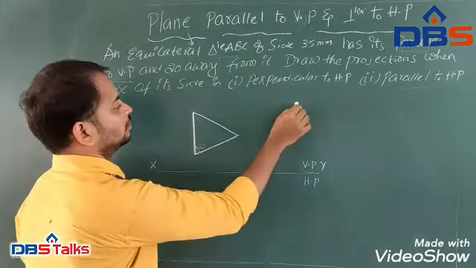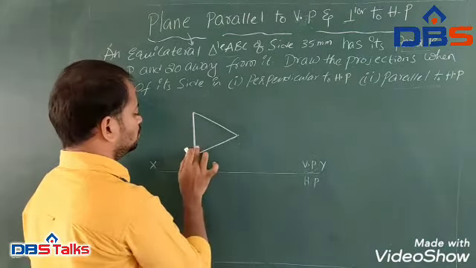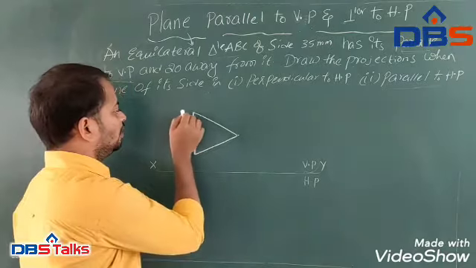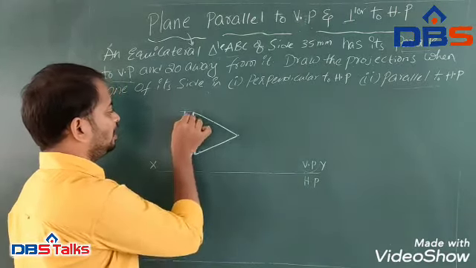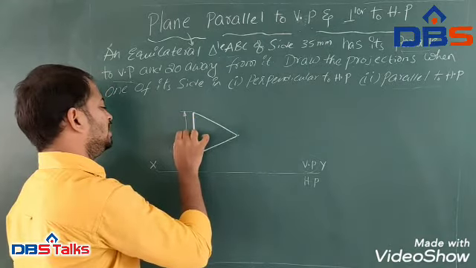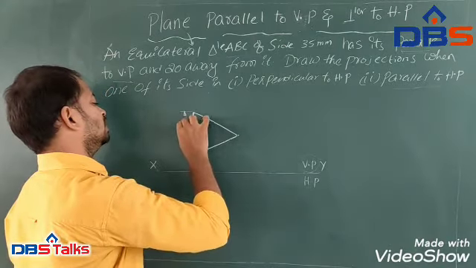All three sides are equal, so the dimension is represented on only one side.